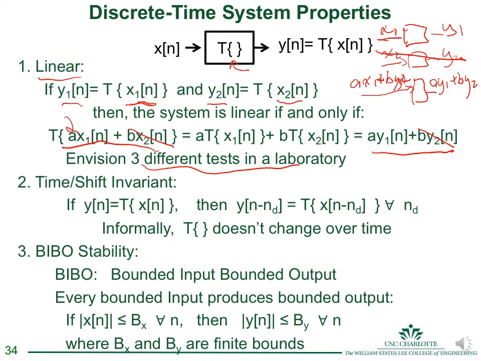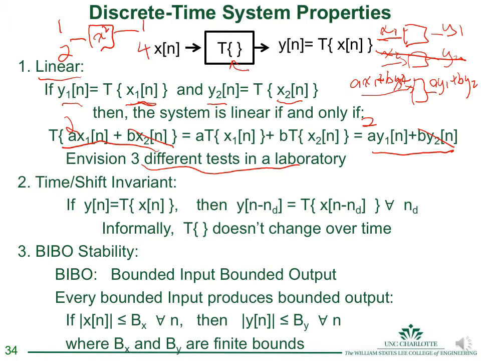A simple example that violates that is a squaring box. If you had a box that just squared the input, if I put 1 in, I get out 1, but if I put 2 in, I get out 4. So that box is clearly nonlinear, because when I double the input, I get 4 times the output.